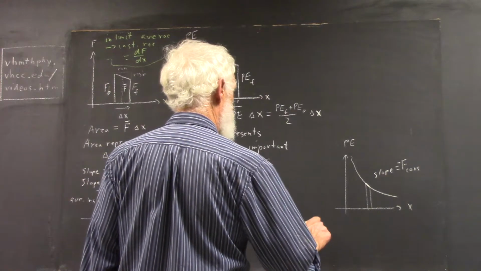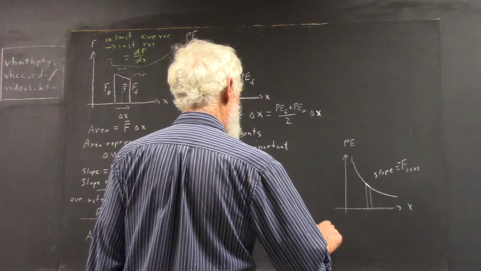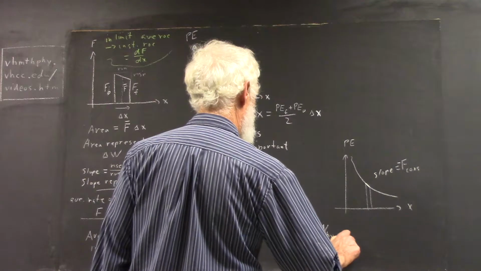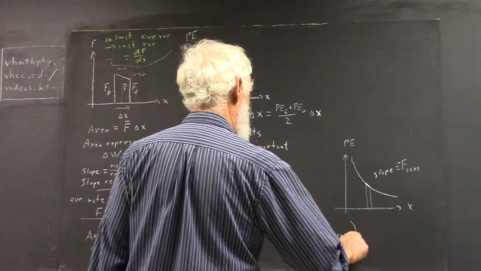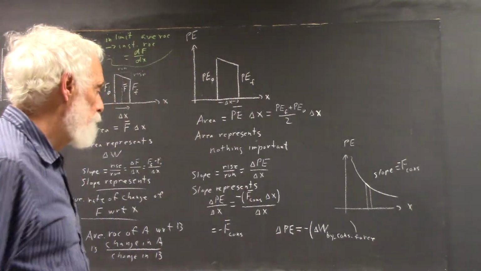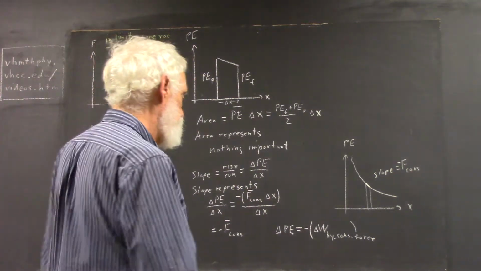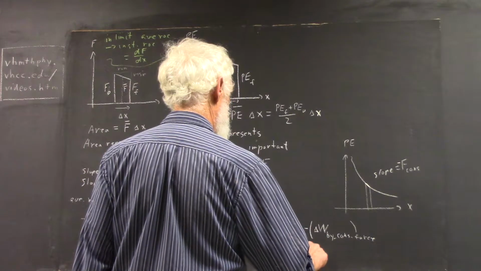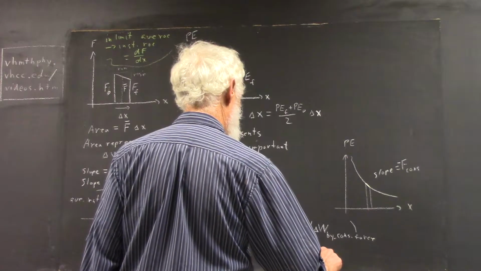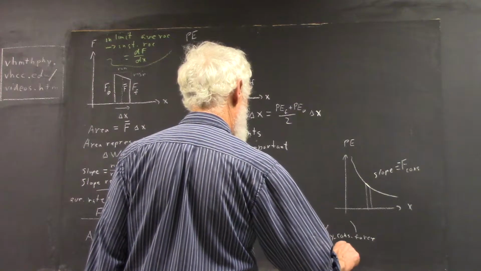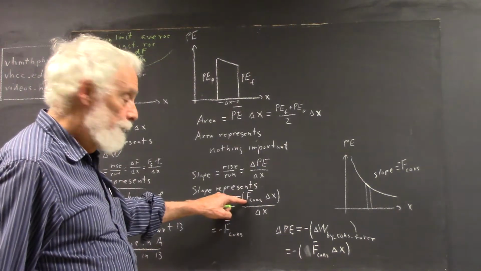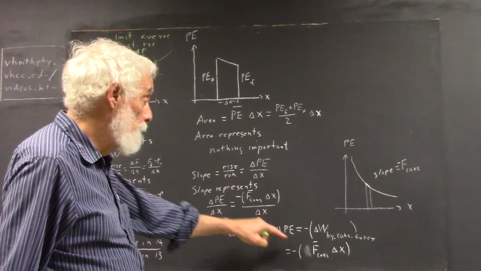Change in potential energy is equal and opposite to the work done by the conservative force, which means the average value of the conservative force multiplied by delta x. Okay, well, that's exactly what I wrote here in my numerator for my delta PE, going back to the definition.